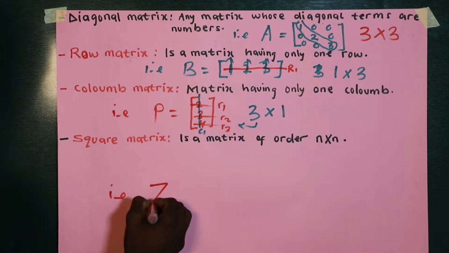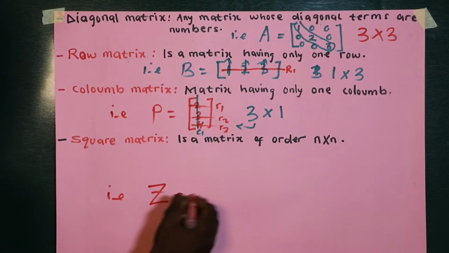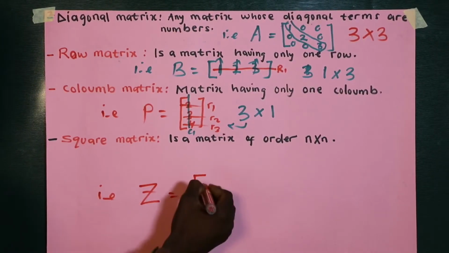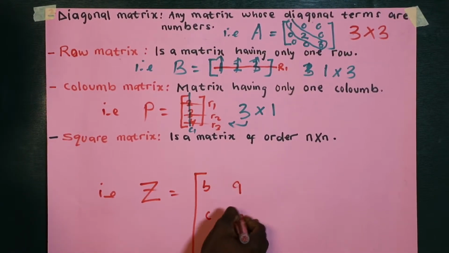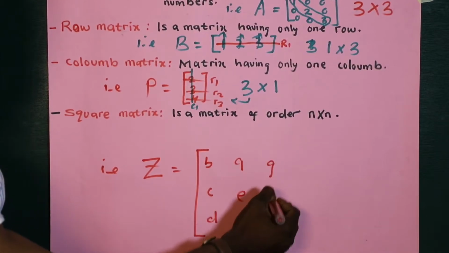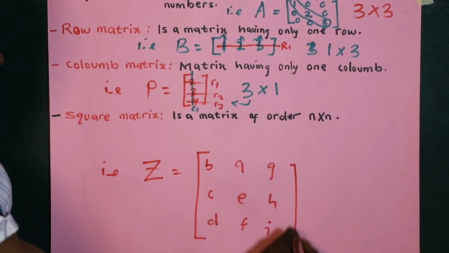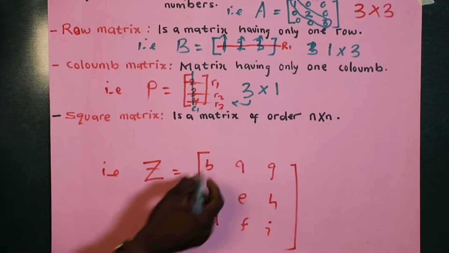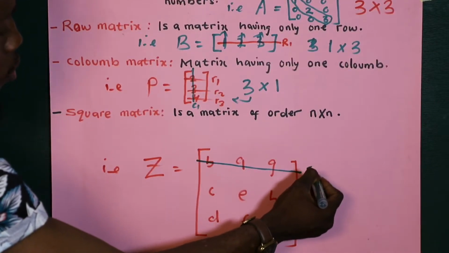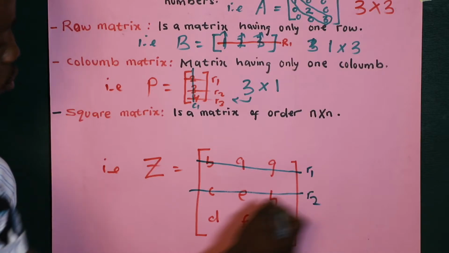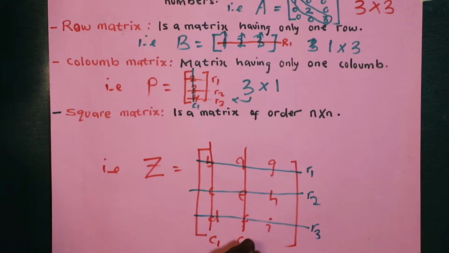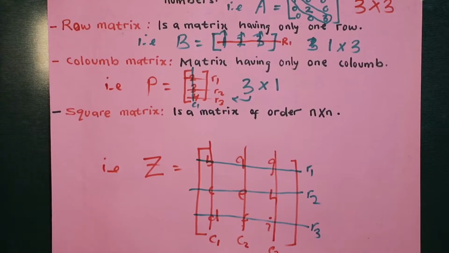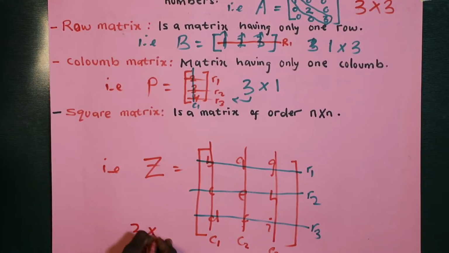Let Z be the matrix with entries A, B, C, D, E, F, G, H, I. We have 3 rows, row 1, row 2, row 3, and 3 columns, column 1, column 2, and column 3, in order of 3 by 3.